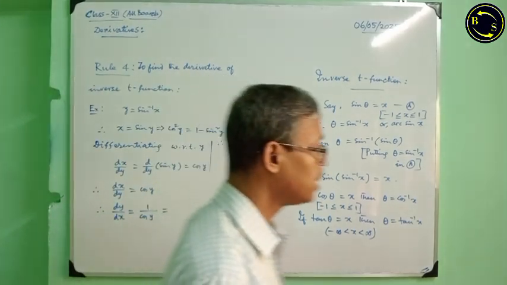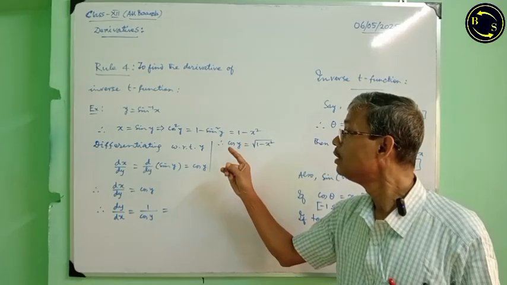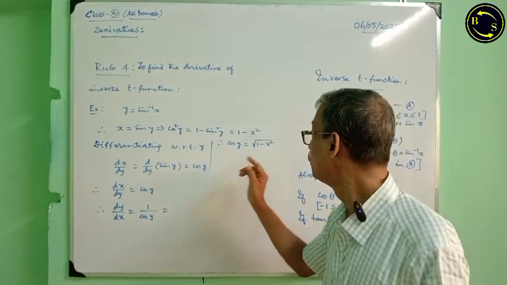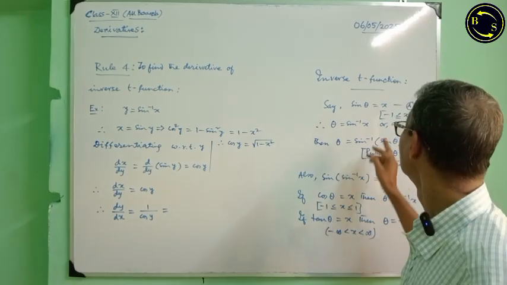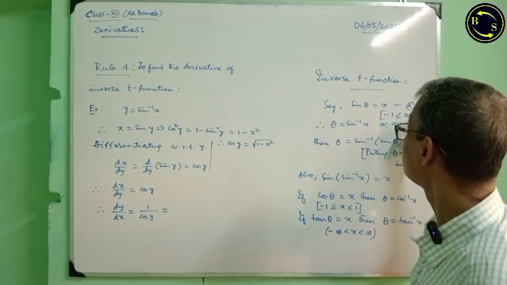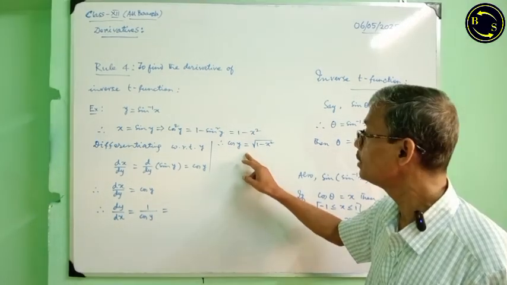We are considering here the interval of x as minus 1 less than equal to x less than equal to 1, and here we have ignored the negative sign.